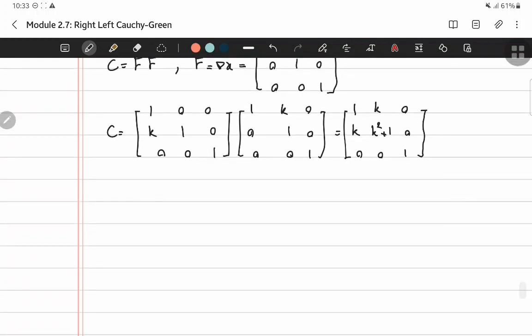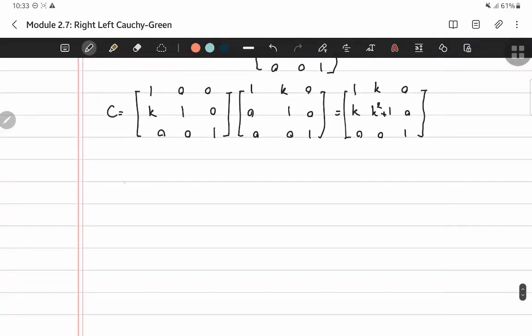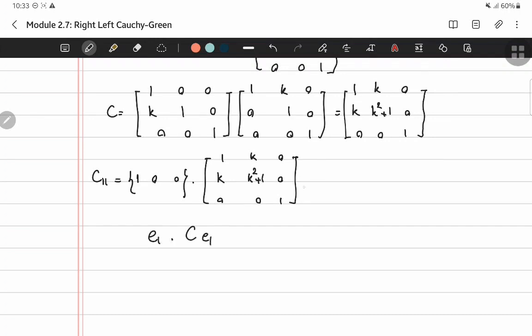So if you want to get the stretch in E1, you get something like E1, which is 1, 0, 0, dot C, which is 1, k, 0, k, k squared plus 1, 0, 0, 0, 1, dot 1, 0, 0. This is C11, E1 dot C E1, right?